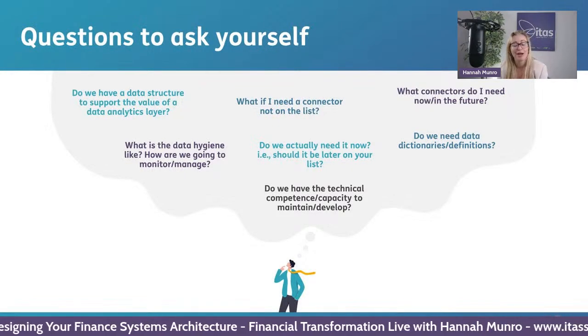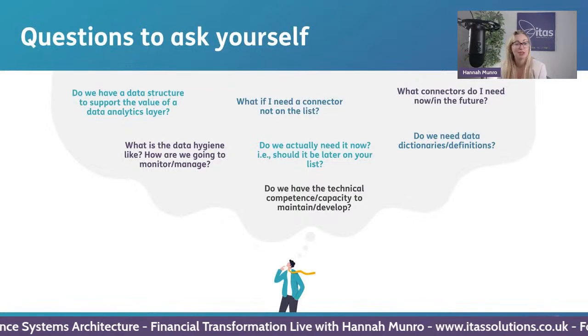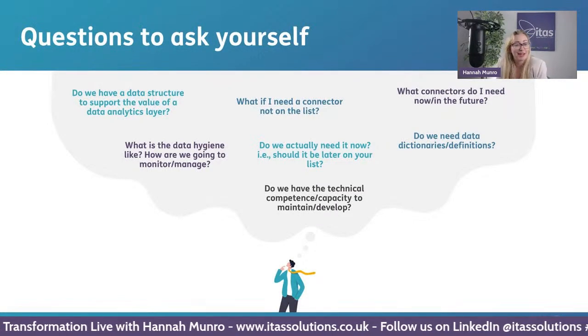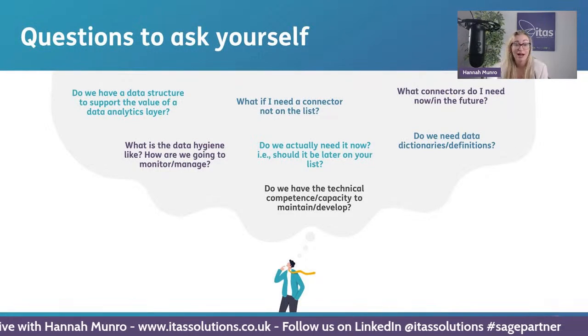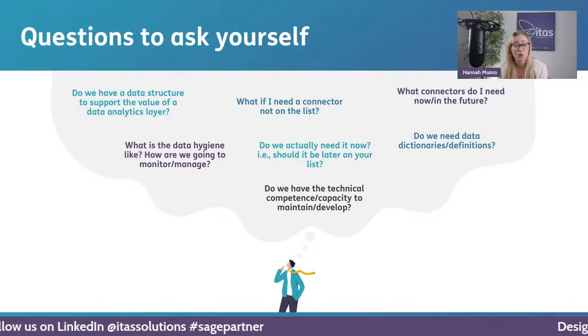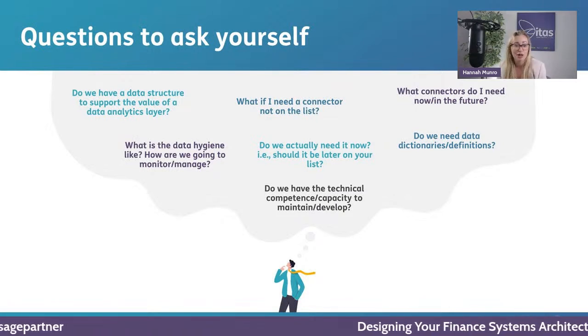And one of the big questions, and I'll keep harping on this, is do you actually need it now? A lot of people don't use the reporting capabilities that they have within their current system. And if that is you, then I would get to a point where you're using your current capabilities before you start adding in a data architecture, a data analytics layer.